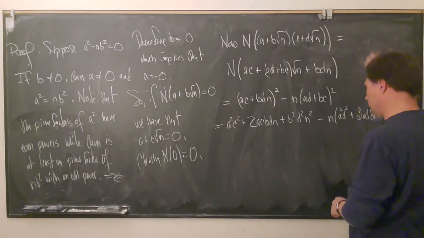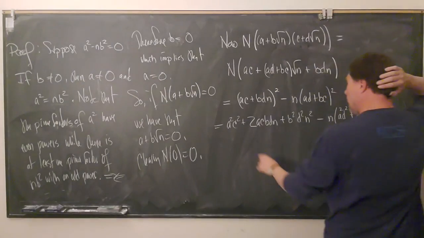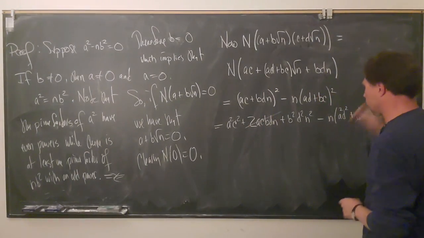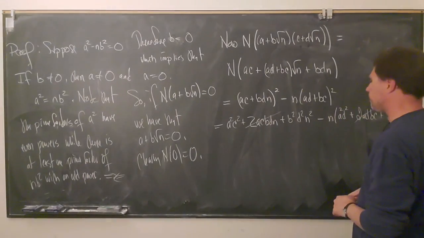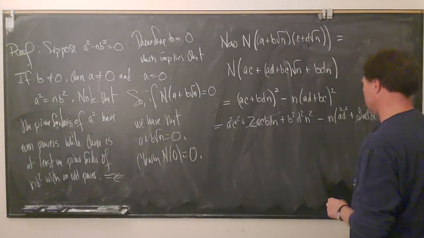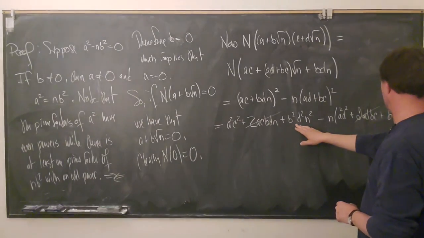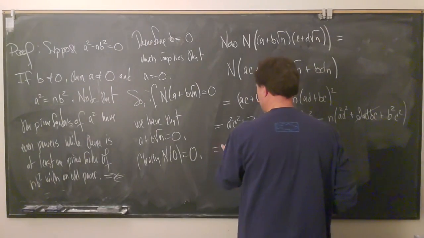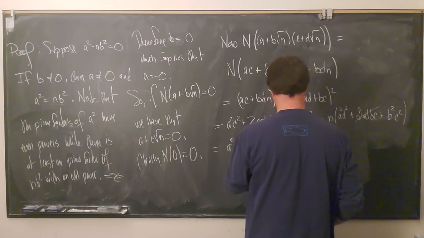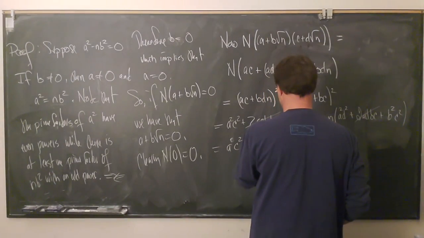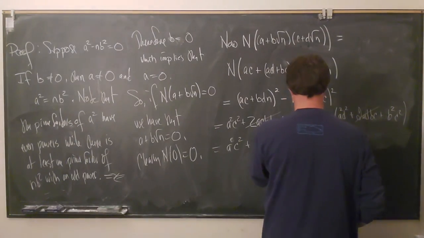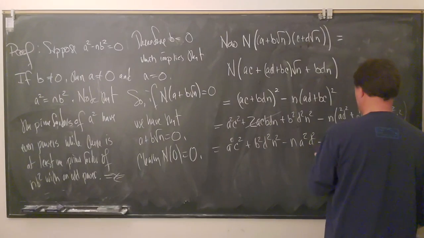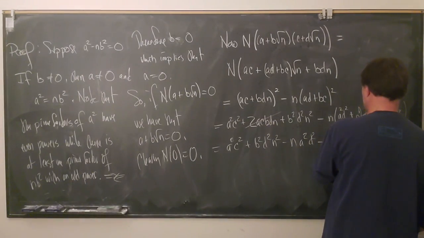That's all times N. And so let's see now what happens here. Well, this is going to cancel with that. Does anything else cancel? B squared D squared? No, that's it. So this is equal to A squared C squared plus B squared D squared N squared minus NA squared D squared minus NB squared C squared.